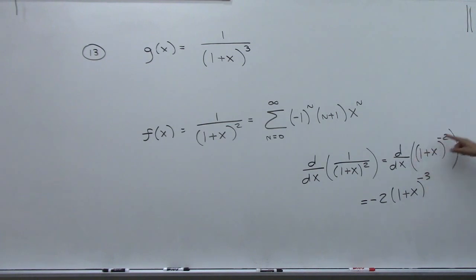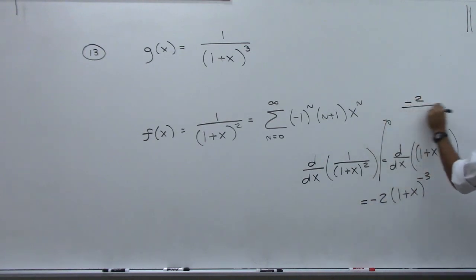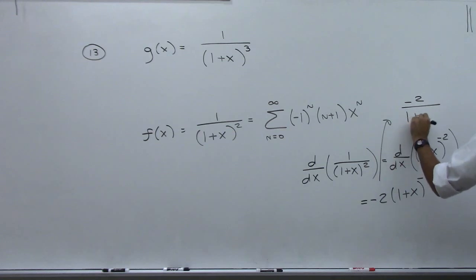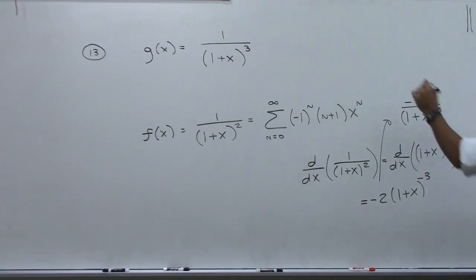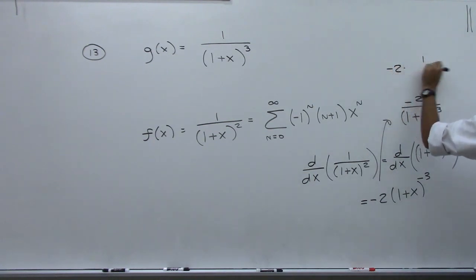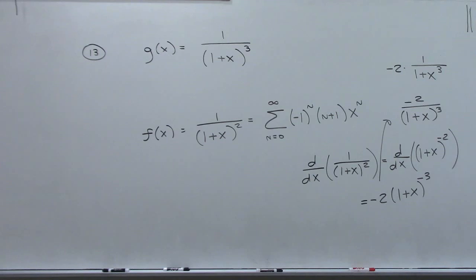So that came out. Take the power down. Take derivative of what's inside, which is just itself. So this is just equal to negative 2 over 1 plus x cubed, which is almost that, right? It's almost that. If I pull the negative 2 out, 1 plus x cubed. So how can I put all this together?